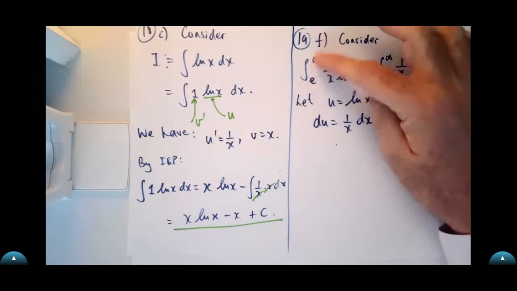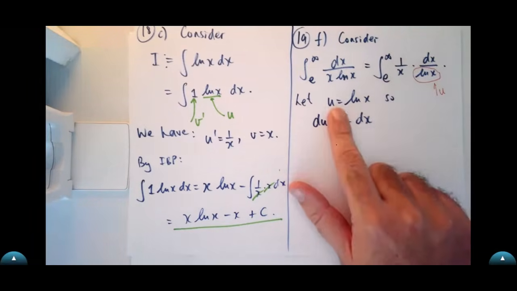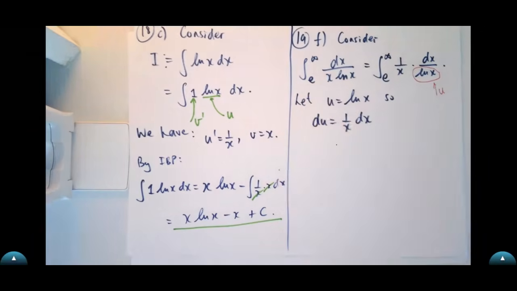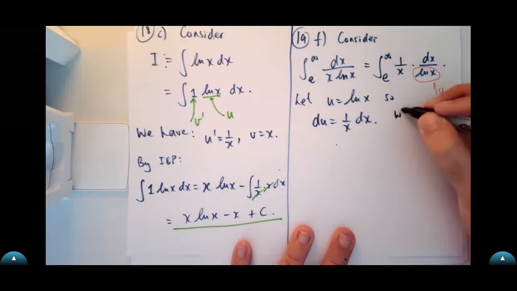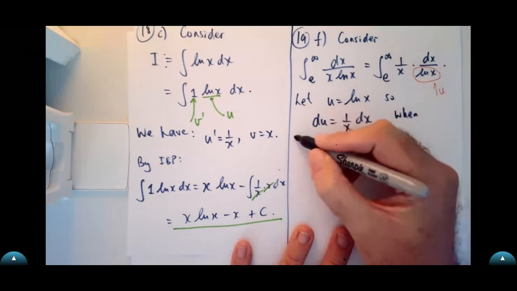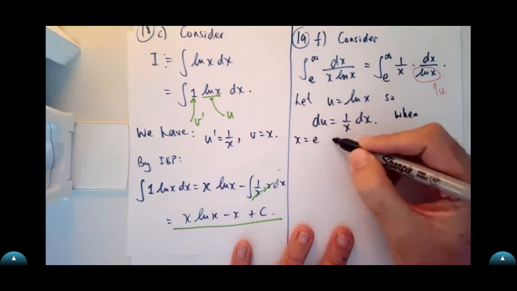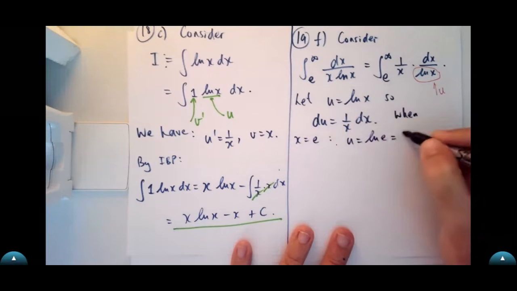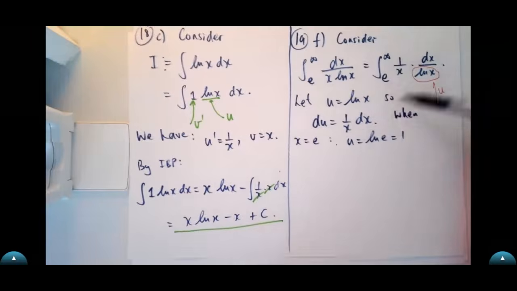Now, how do we manage away these infinity signs? Well, when x equals e, what is u going to be? u is going to be log e, which equals 1. So in our new integral, the lower limit will be 1.